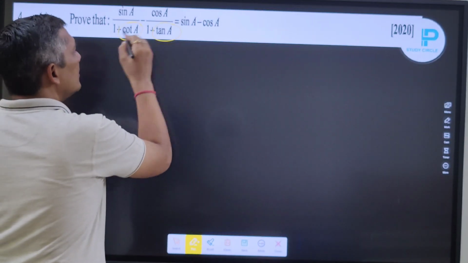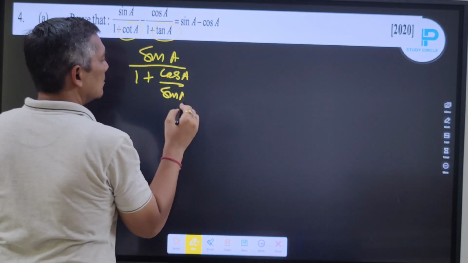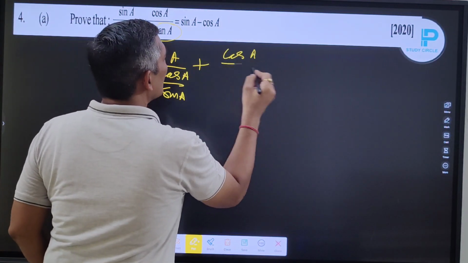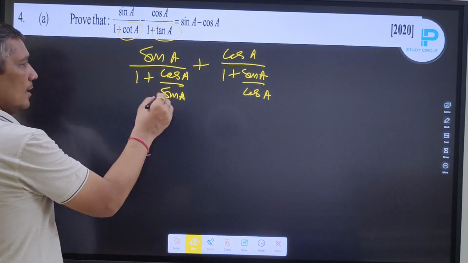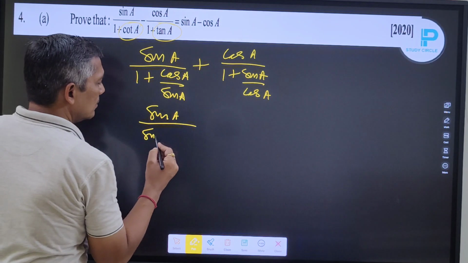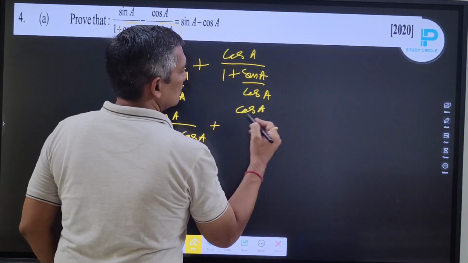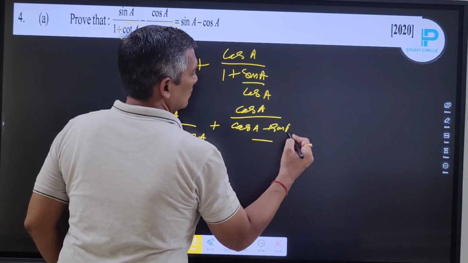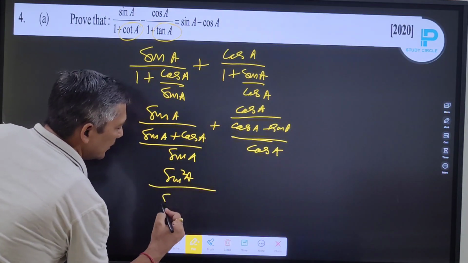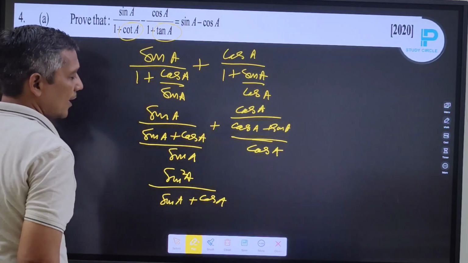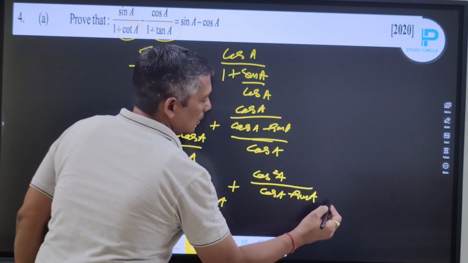You see cot A and tan A. So I am writing the question: sine upon 1 plus cos A upon sine A, cos A upon sin A upon cos A. LCM लीजिए, sin A upon... this becomes sin square A upon sin A plus cos A, cos square A upon sin A plus cos A.